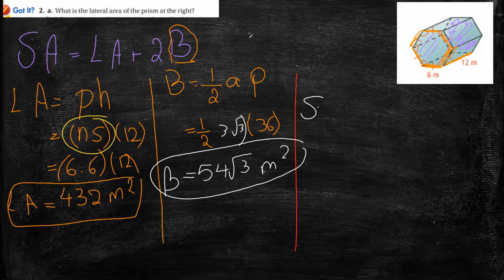Now the surface area is the lateral area plus 2 times the area of the base.